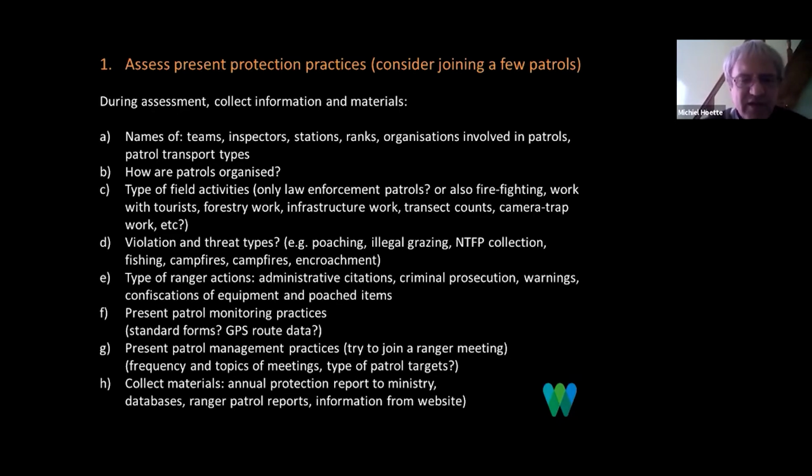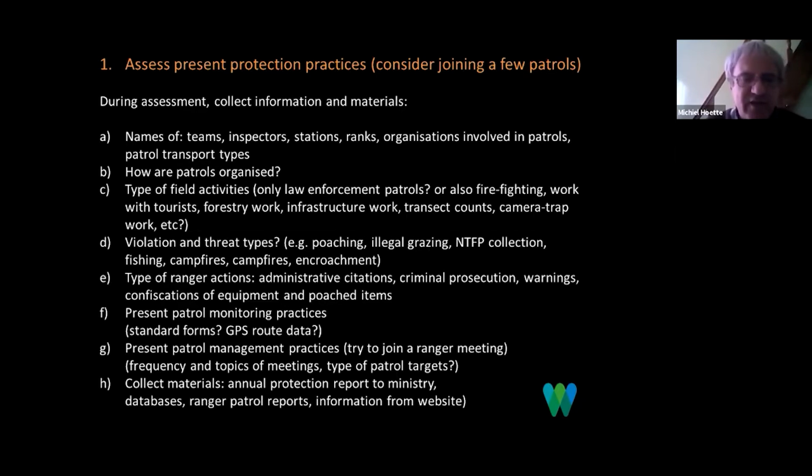Very often there are certain databases, for instance, a database of previous violators. Just see what is kept in those databases and see if there is feedback to the rangers in the field.